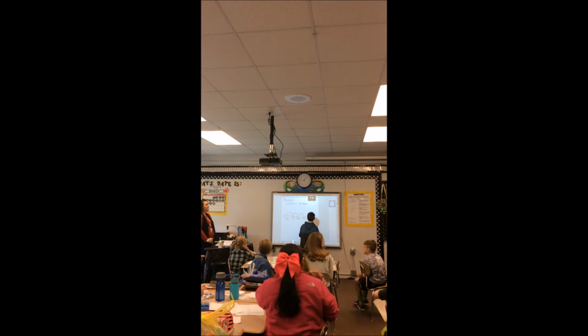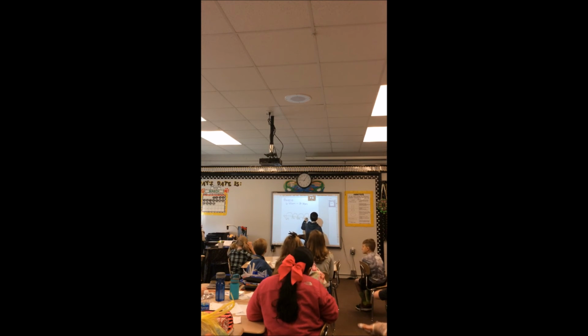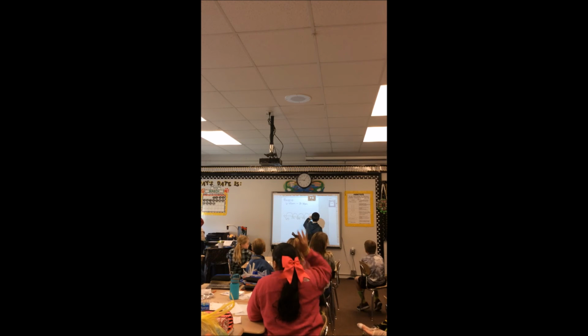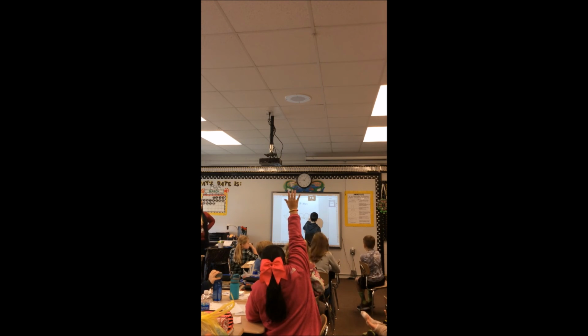Okay. So if we were going to draw 6:45 a.m. on a clock, where would my hour hand need to be closer to? The 6 or the 7? 7. The 7. Very good. Because why? We're at 6:45.